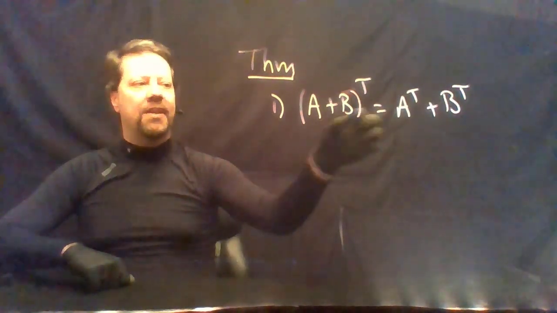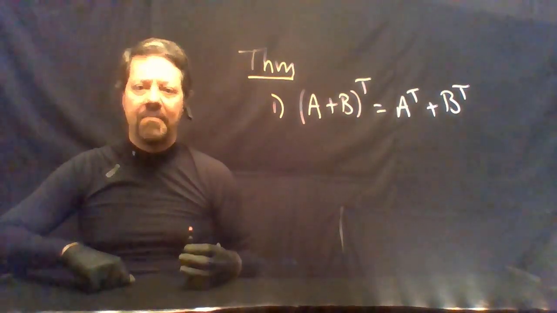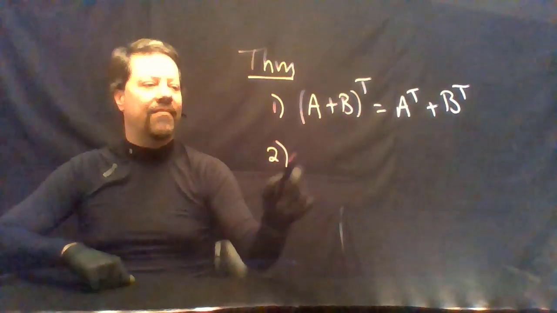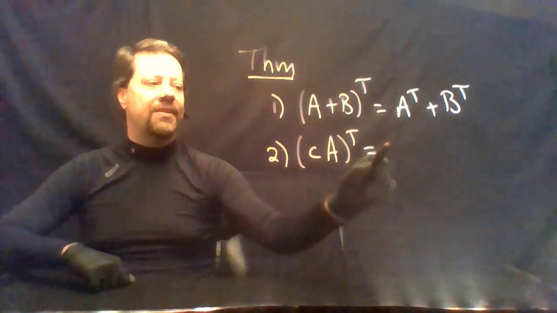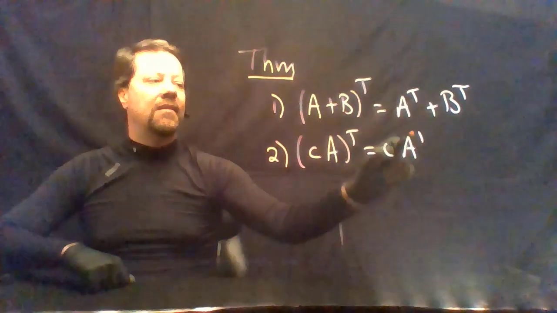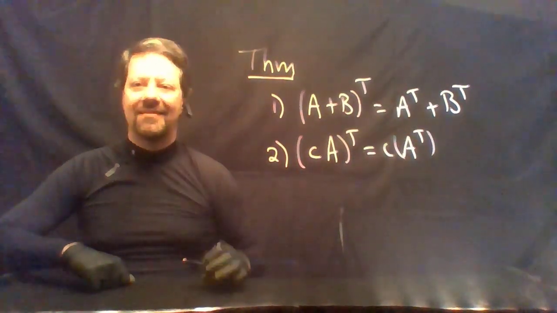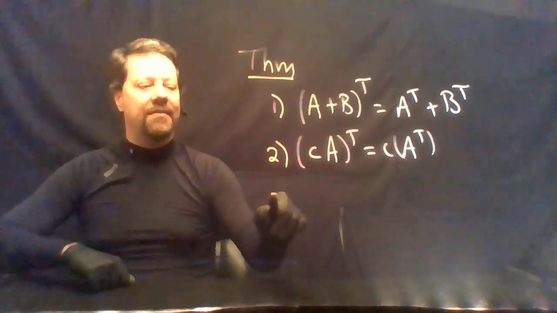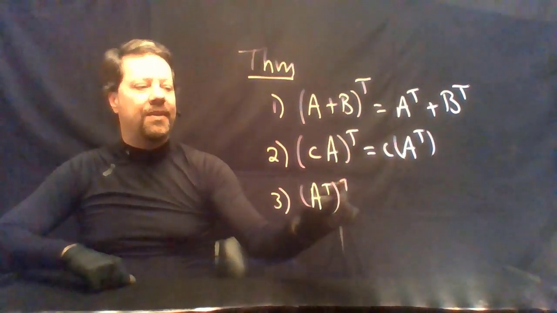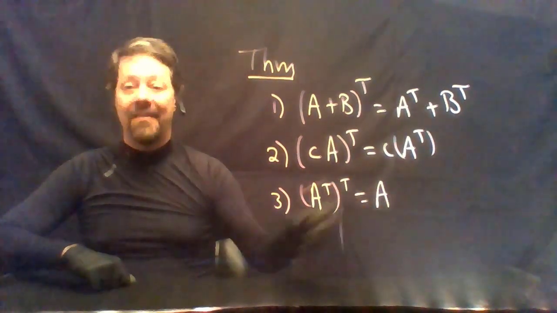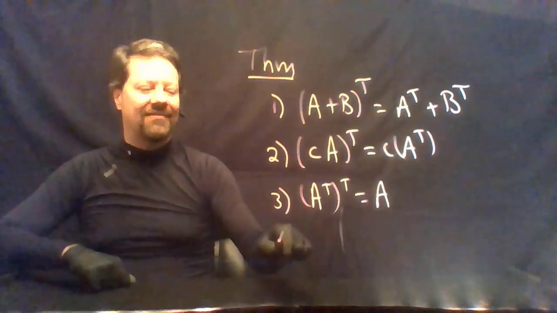The transpose can be distributed across matrix addition. If you have a scalar times a matrix and take the transpose, this scalar can be brought out of the transpose process. The transpose of the transpose is the original matrix itself.